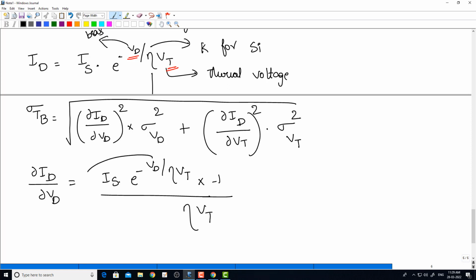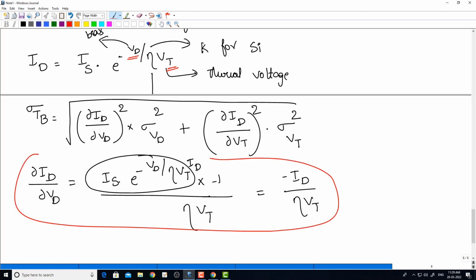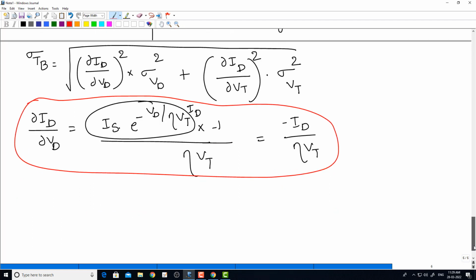We can write this whole expression as Id by eta Vt.